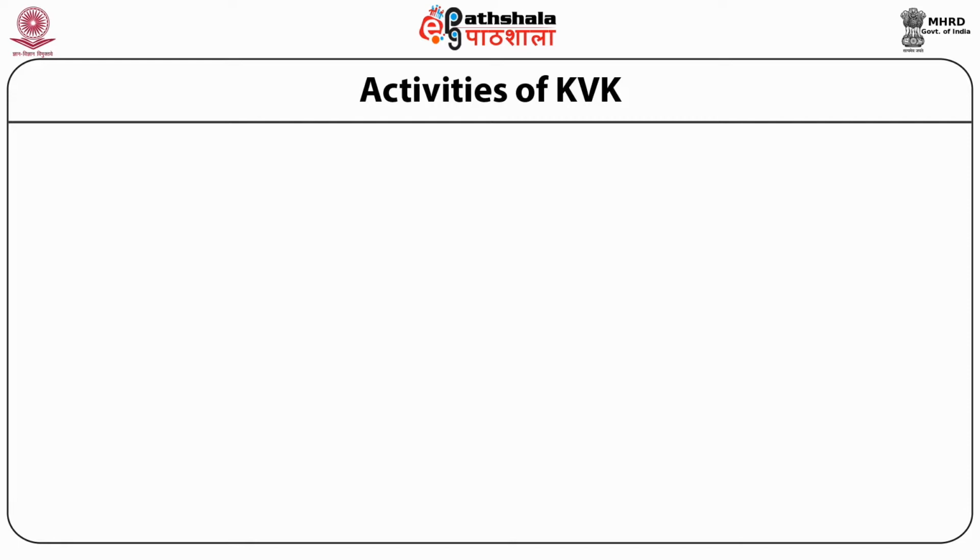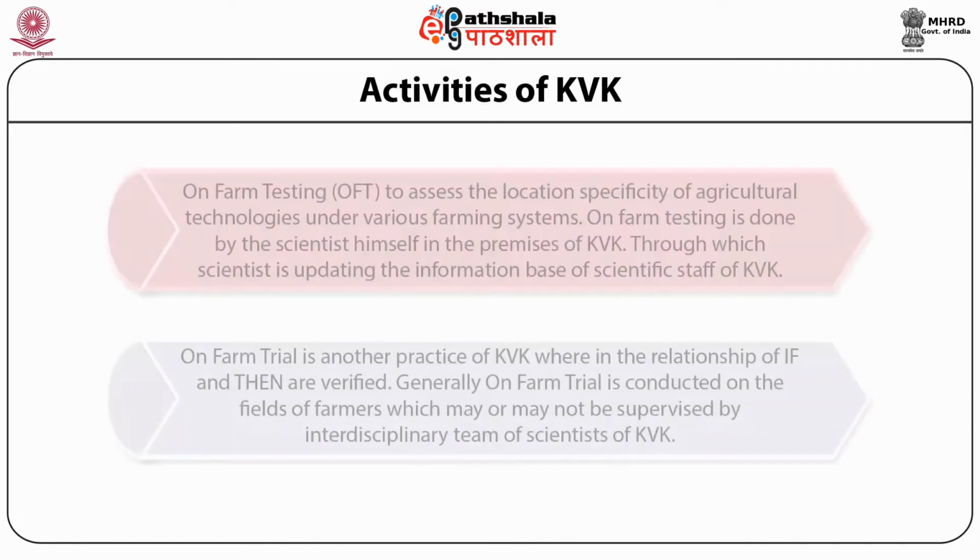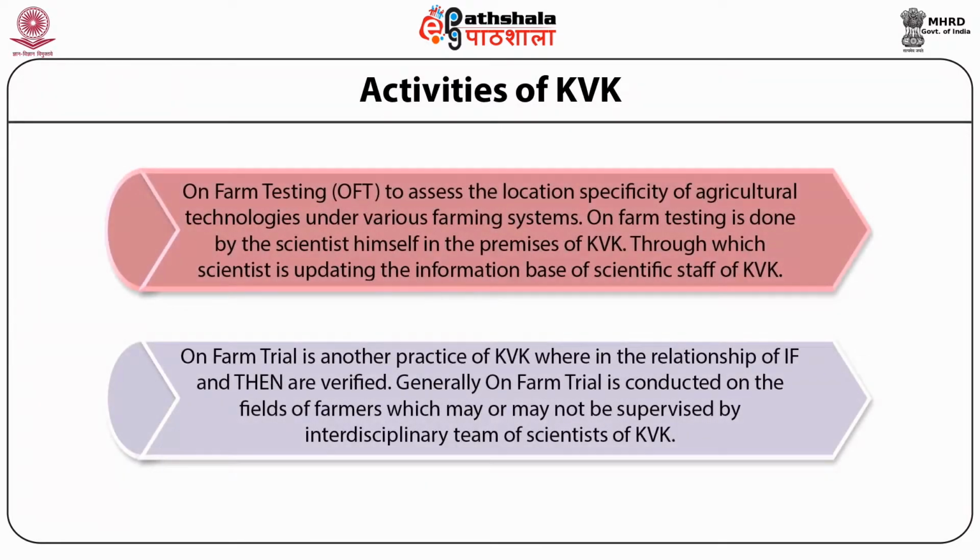It is also spelled out in the report how to achieve the mandate. The activities to be taken up to achieve the mandates, as mentioned in the report on KVK, are: the first one, on-farm testing, to assess the location specificity of agricultural technology under various farming systems.